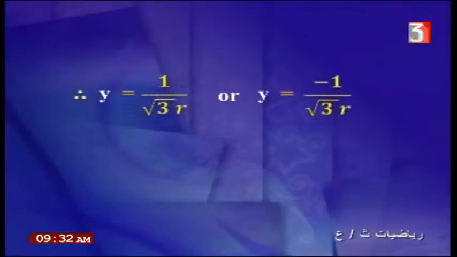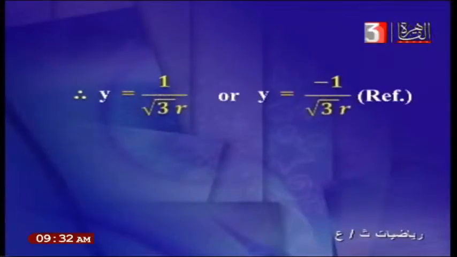Y is the half of the height of the cylinder, then the value of y equals negative 1 over root 3 r is refused. Now we have a critical point when y equals positive 1 over root 3 r.